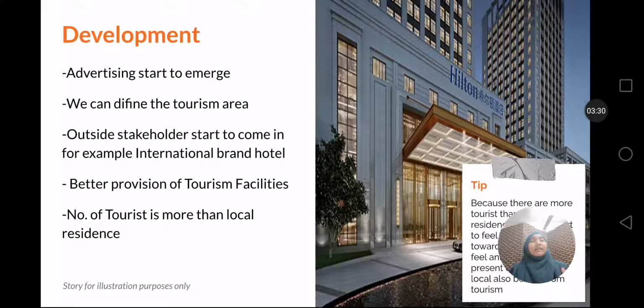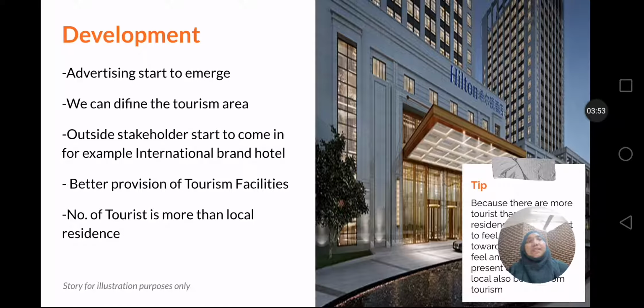And then at this stage, there are better provision of tourism facilities, such as there are toilet provided, maybe more prayer room, and then the tourist map, and then maybe in terms of transportation accessibility also better.